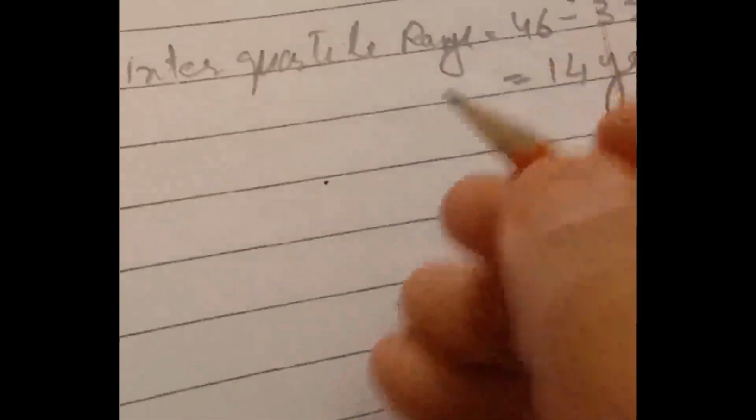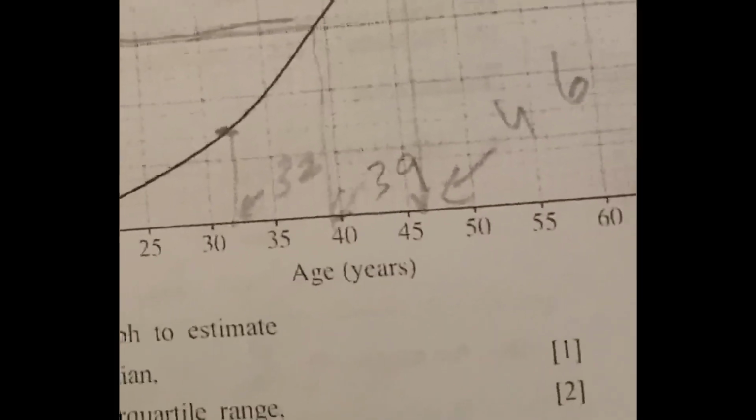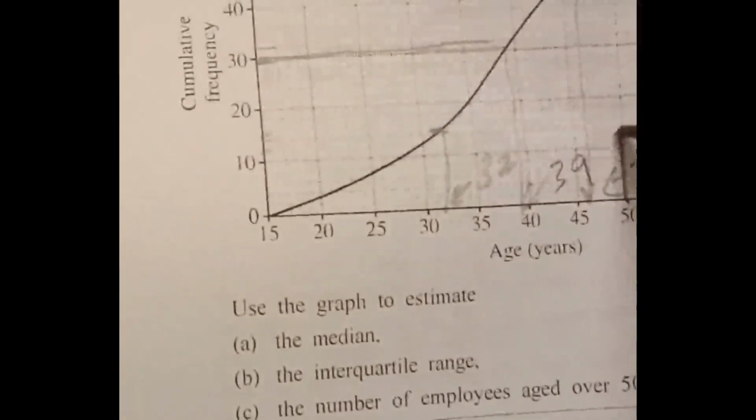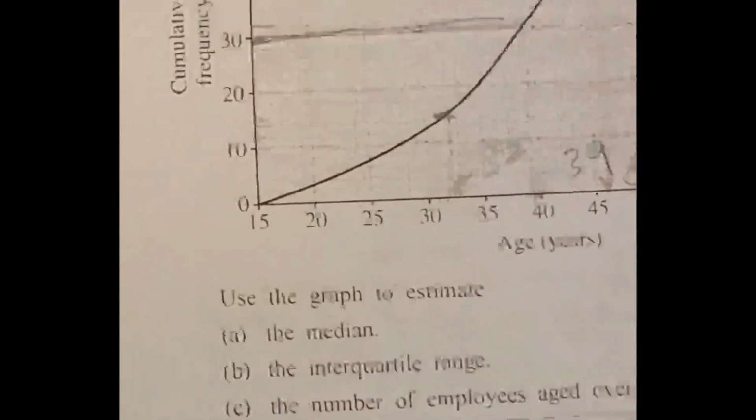It carries 2 marks. C part is the number of employees over 50. On the x-axis is age, which locate 50. It is 50 here. I join it with the graph here.